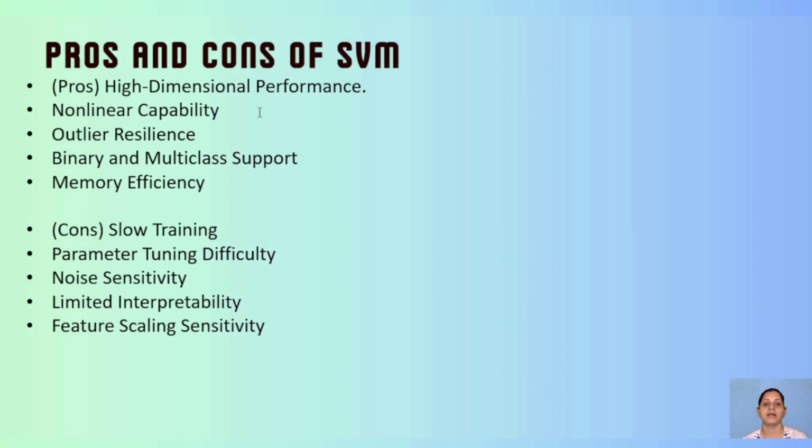And we have a few disadvantages as well. Training is going to be slower, because it has to understand a pattern while creating the hyperplane among those data points, right? It's not only two classes; multiple classes will be there, and it is going to create multiple planes accordingly, or multiple SVMs are going to be created internally.